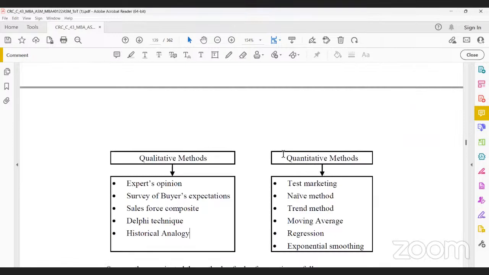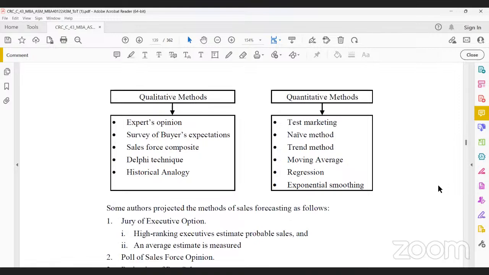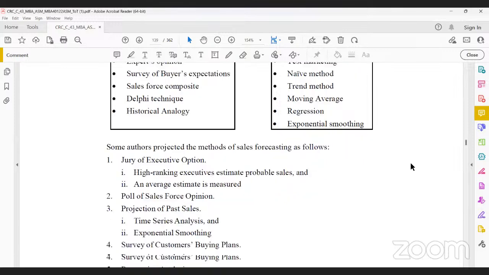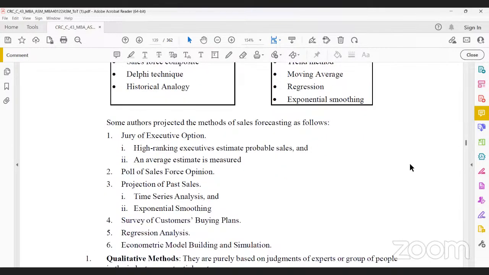Now the quantitative methods: test marketing, where the product is given to the market to test whether people are happy with it or not, and taking feedback from different kinds of stakeholders. The second one is the trend method, moving average method, regression method, and exponential smoothing method. So companies follow different kinds of methods for forecasting sales.